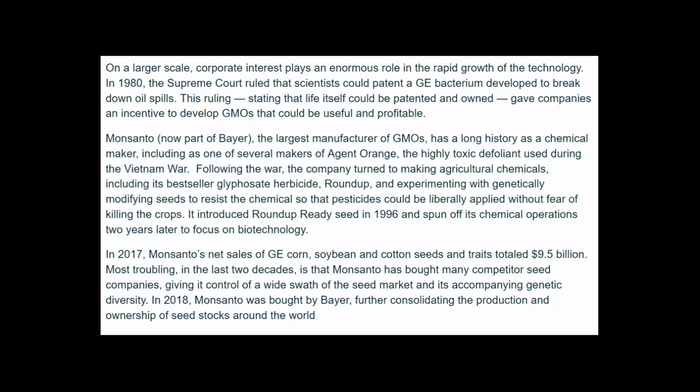In 2017, Monsanto's net sales of GE corn, soybean, and cottonseed and traits totaled 9.5 billion. Most troubling in the last 2 decades is that Monsanto has bought many competitor seed companies, giving it control of a wide swath of the seed market and accompanying genetic diversity. In 2018, Monsanto was bought by Bayer, further consolidating the production and ownership of seed stocks around the world.